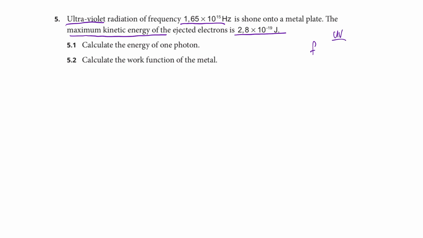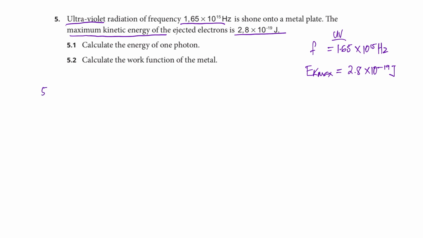You've got frequency, which is equal to 1.65 times 10 to the power of 15 Hertz. You've also got the EK max, the maximum kinetic energy, at 2.8 times 10 to the power of negative 19 joules. So that's what information we have.